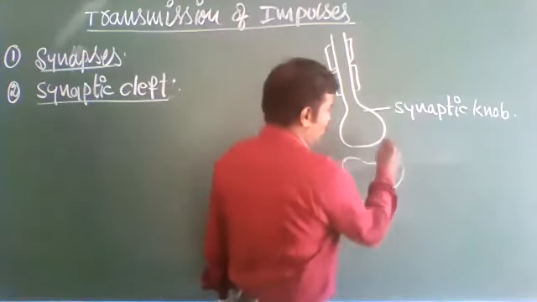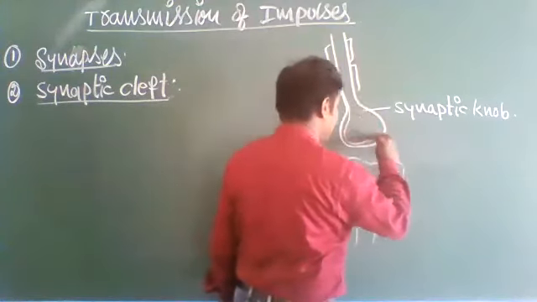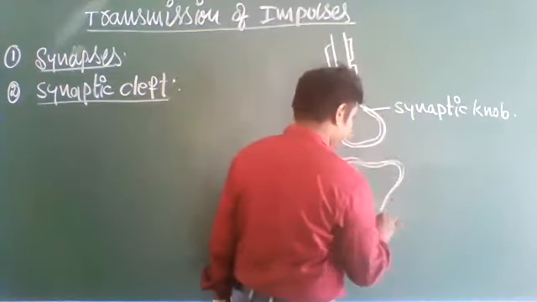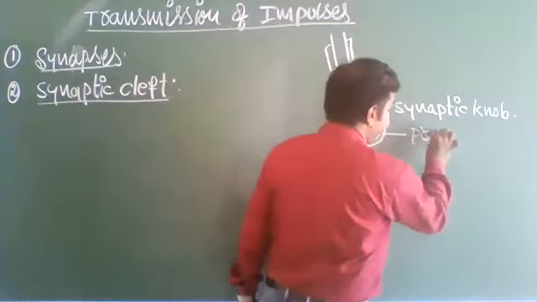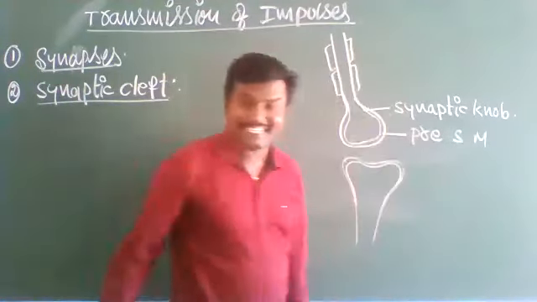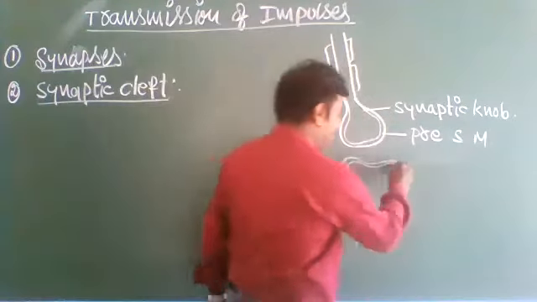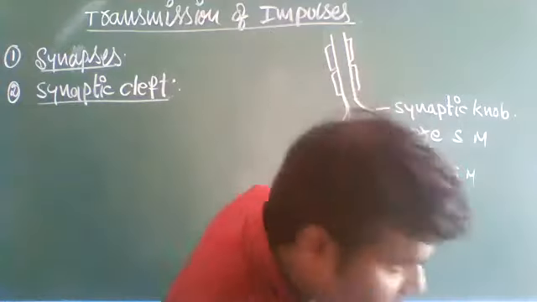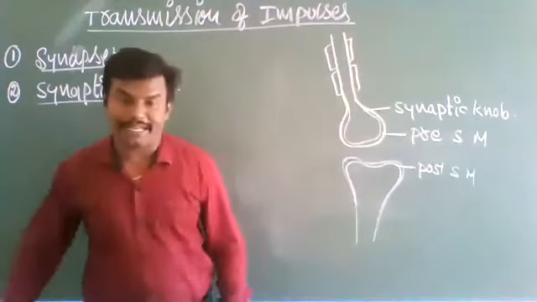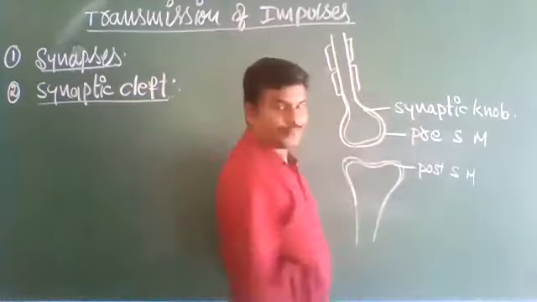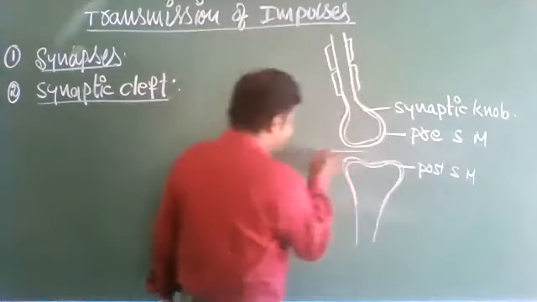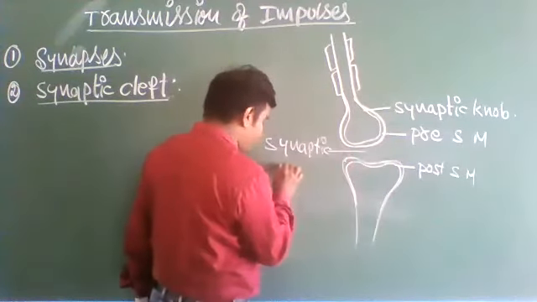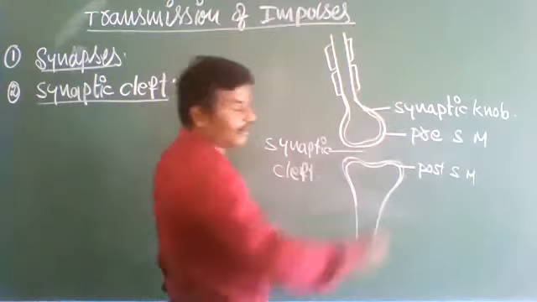In between these two, this is called the presynaptic membrane and this is called the postsynaptic membrane. In between these two, a gap is there. This gap is called the synaptic cleft.